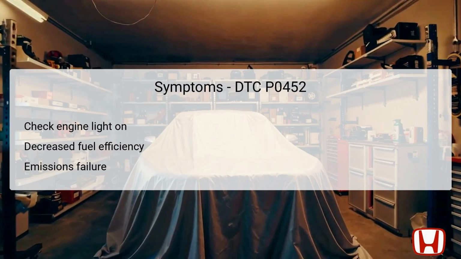Additionally, decreased fuel efficiency may occur as the engine improperly regulates fuel delivery based on inaccurate pressure readings. Lastly, the vehicle may fail emissions testing due to incorrect readings, leading the PCM to believe that there are leaks in the fuel system.